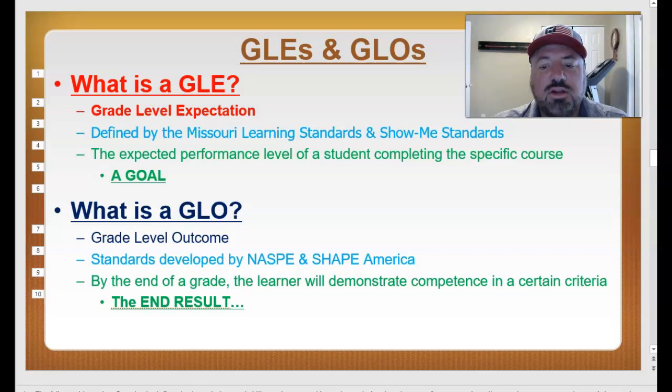By the end of a grade, the learner will demonstrate competence in a certain criteria. It's really the end result. So the goal, the end result, they're going to be synonymous as we go through this process right here in our curriculum and performance objective unit.